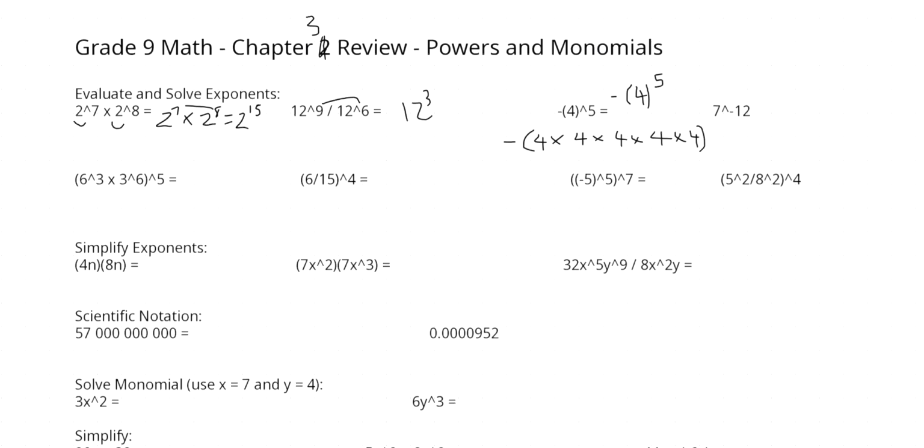And we know that that will be 1024. So because the answer is 1024 as the result of 4 to the power of 5, we just need to bring that to a negative. So the answer is negative 1024.